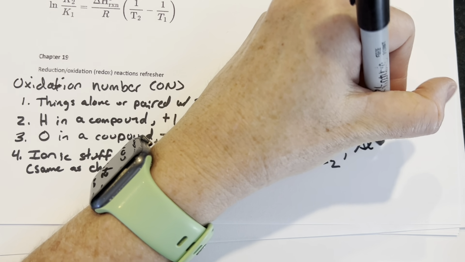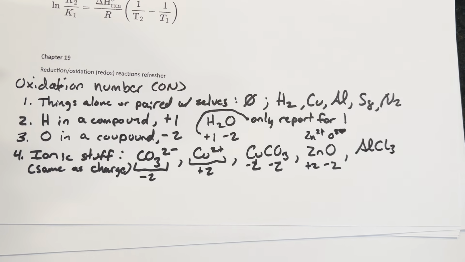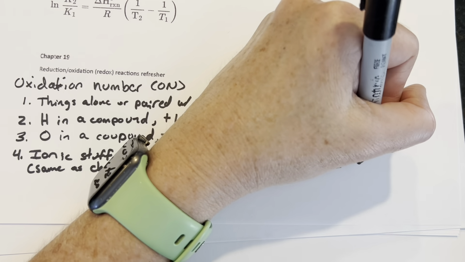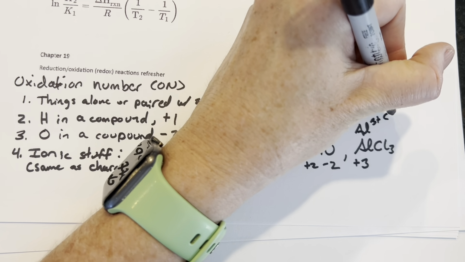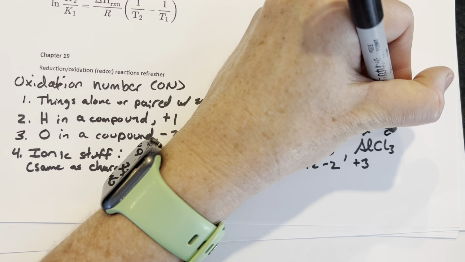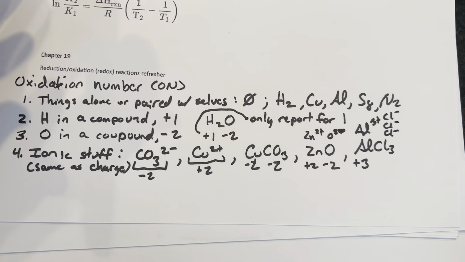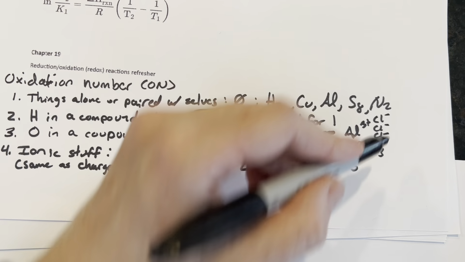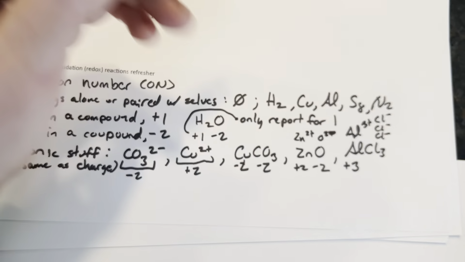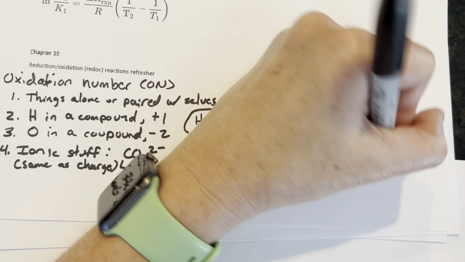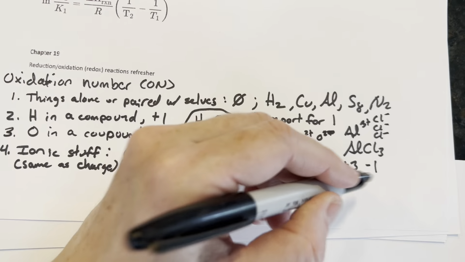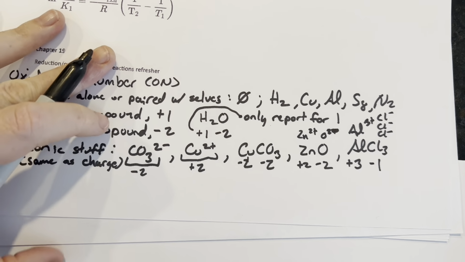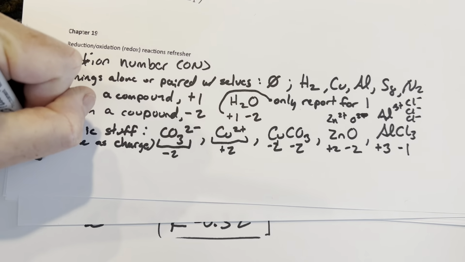In aluminum chloride, the aluminum must be +3, because this is made up of aluminum 3+ and 3 chlorides. Even though there are 3 chlorides, remember we only report one of the charges as -1. Together they are -3, but we only report the -1. It will make more sense in a minute.